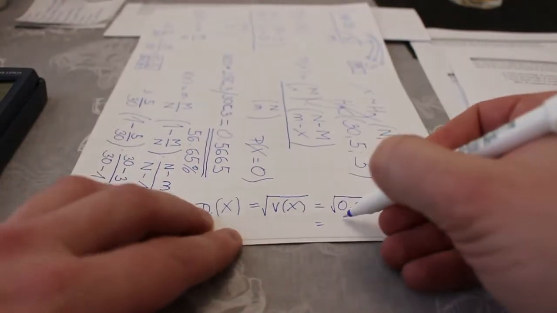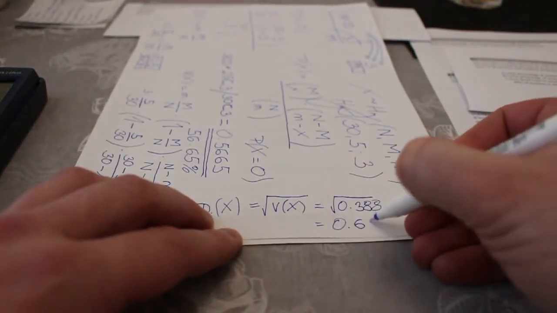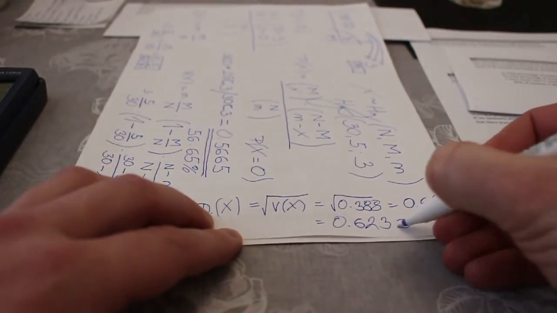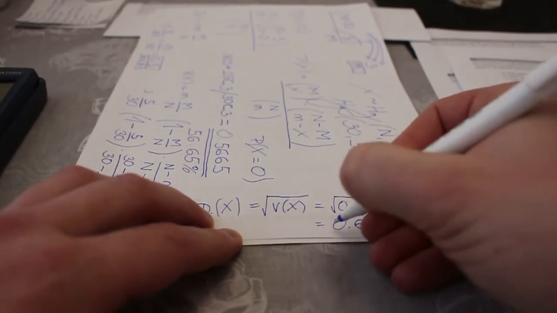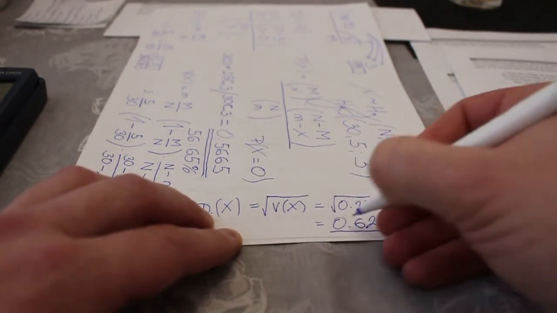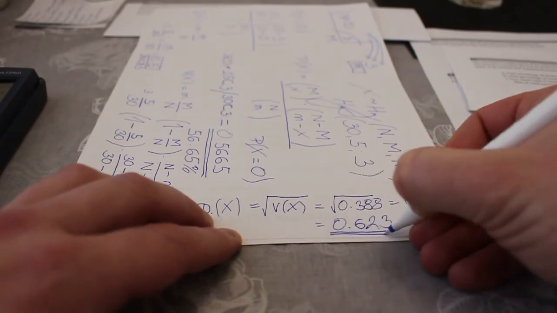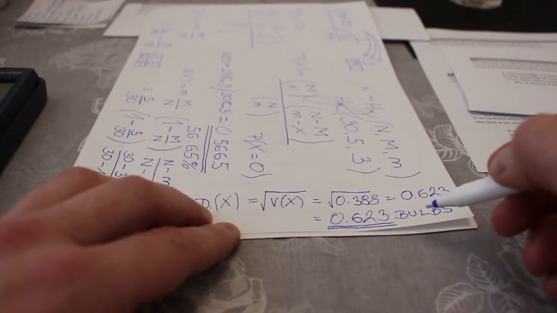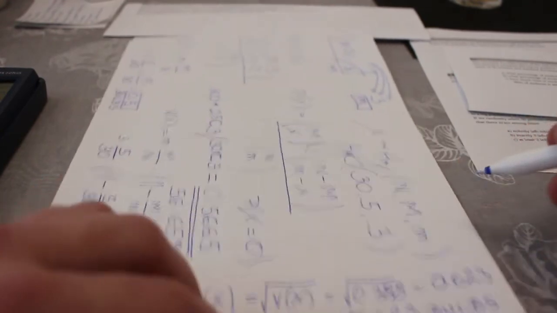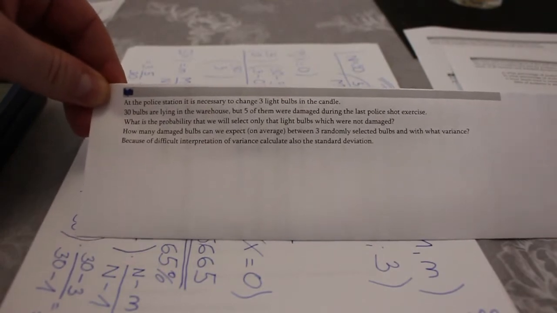I will write it here, 0.623 bulbs, because the standard deviation is in basic units, in original values, so in bulbs. Okay, so we calculated everything.